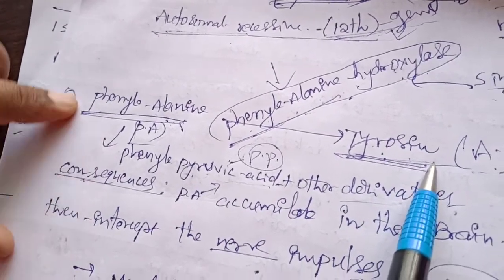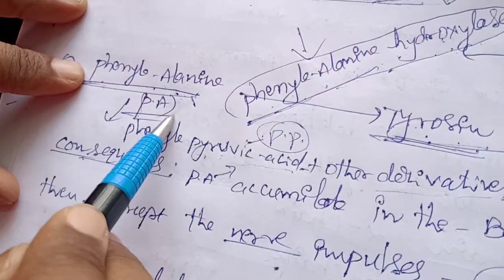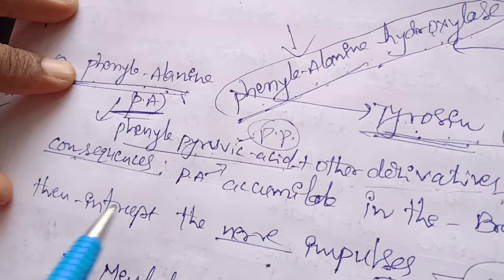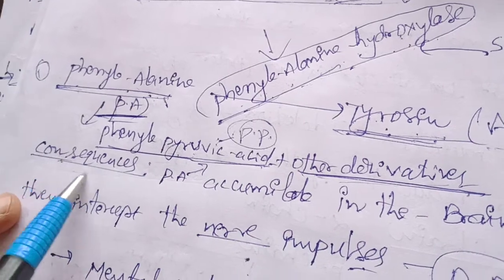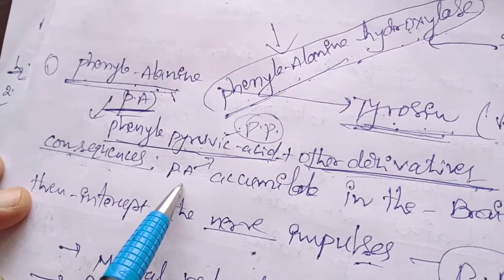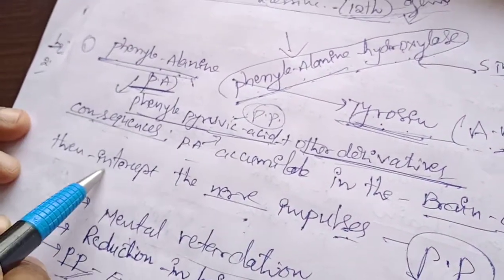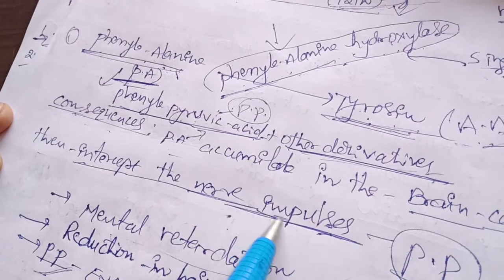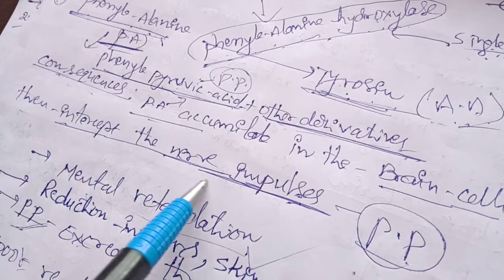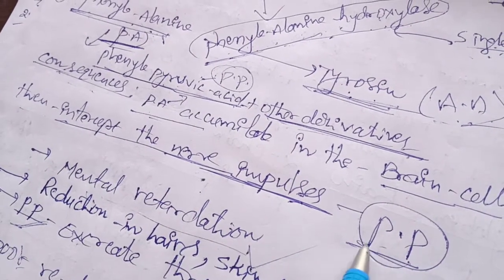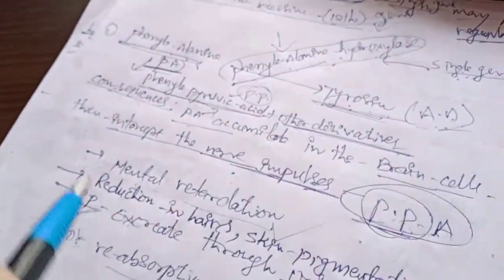Instead, phenylalanine is converted into phenyl pyruvic acid and other derivatives. As a consequence, phenylalanine accumulates in the brain cells and interrupts the nerve impulses.